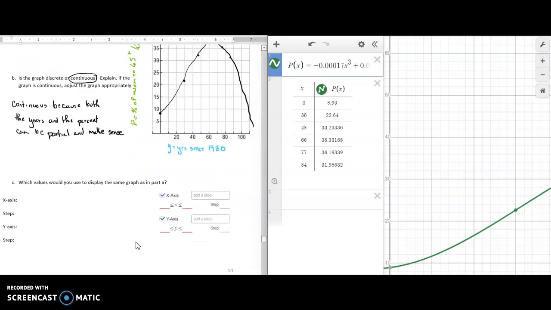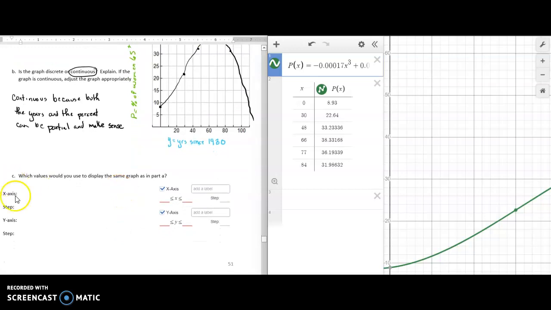If we look down in part C, for the x-axis, we want to know which values you would use to display the same graph as we have in part A. So this value right here and this value right here are what control our x-axis in terms of Desmos. It looks like here's 0, 0 as always, and we're counting by 10.